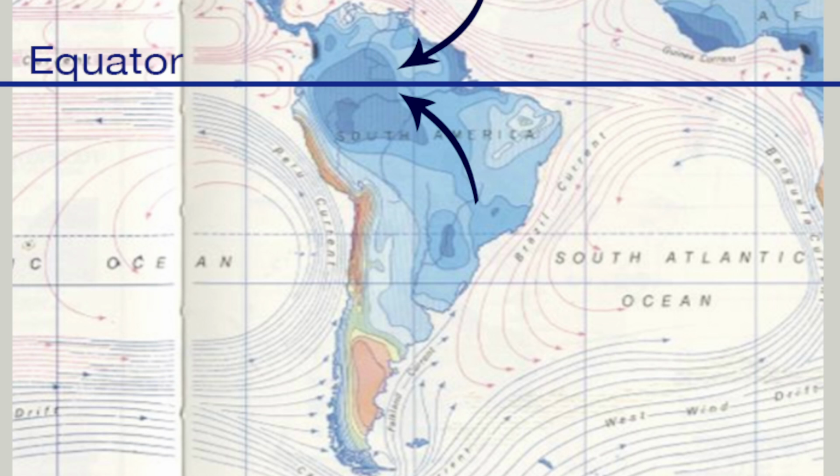As those winds move across the ocean, they're relatively warm because they're near the equator, so they evaporate water off the surface of the ocean, and when they hit the east coast of South America, those saturated air masses rise.